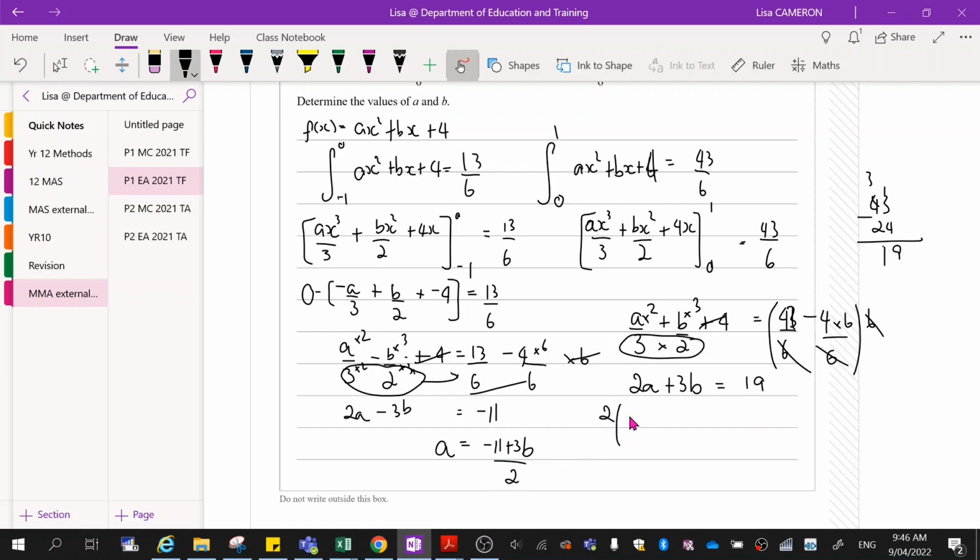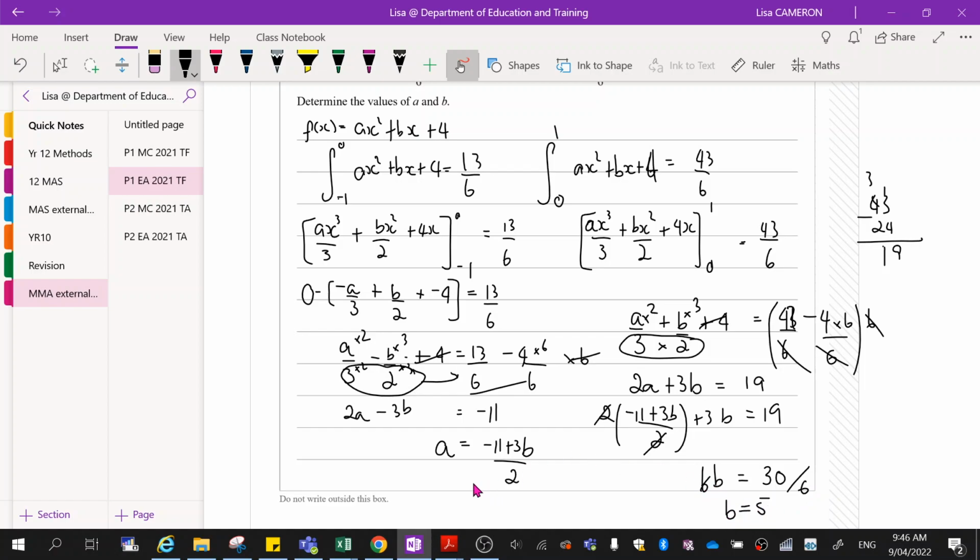So 2 bracket minus 11 plus 3b over 2, plus 3b equals 19. This 2 is going to cancel out that 2. Now I can group my like terms of b together, and I can take the 11 to the other side by adding 11. Now I can take the 6 over by division, and I'm left with b equals 5.